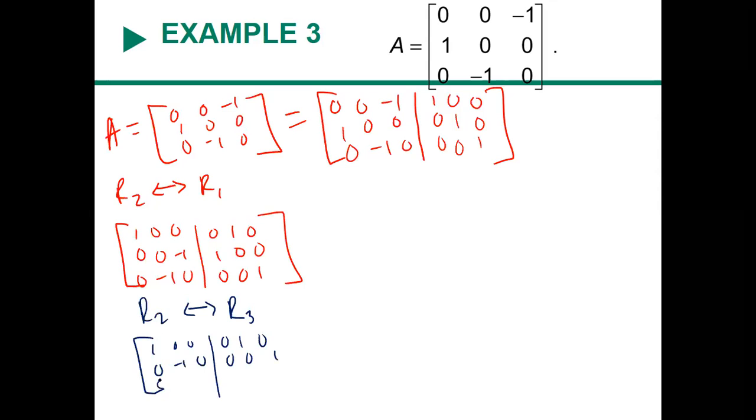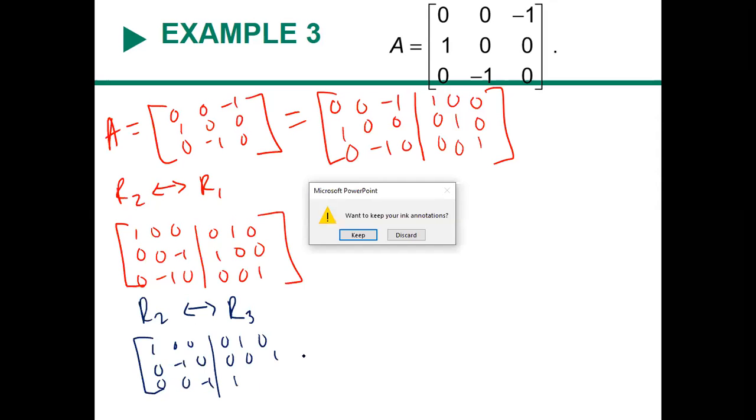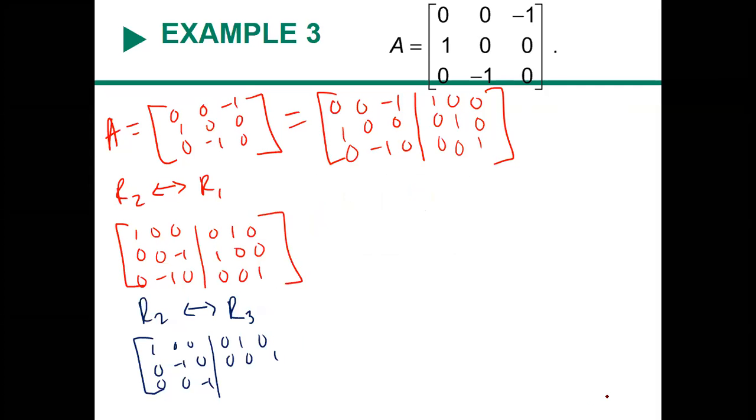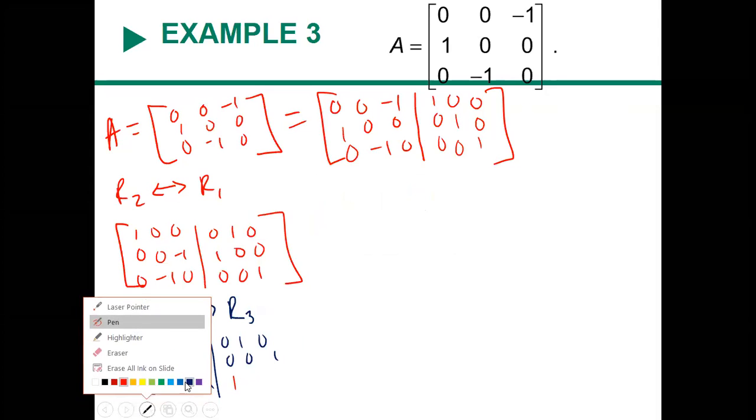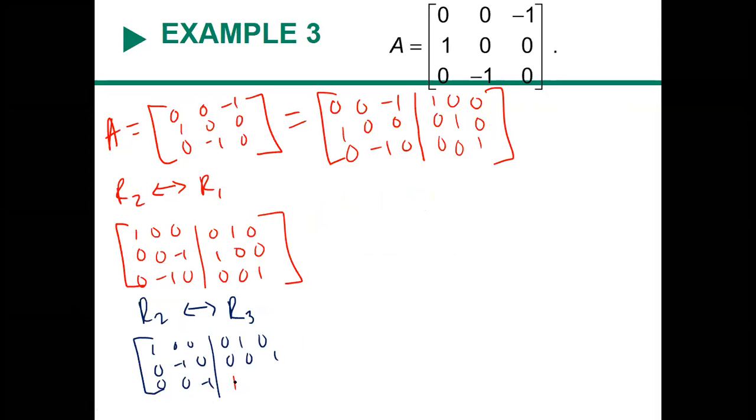And row 2 is 0, 0, -1, 1, 0, 1, 1, 0, 0. Okay, so now they've almost completely switched.